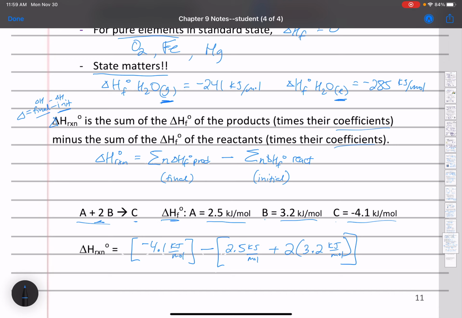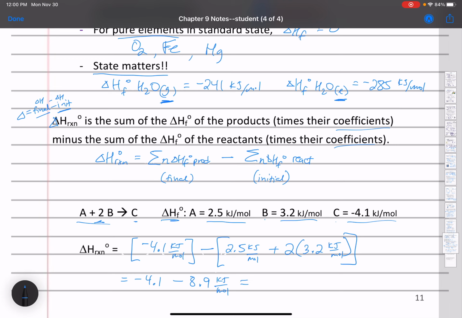All right, so we end up with, this is still negative 4.1 minus, and the sum of these two is 8.9 kilojoules per mole. So we get negative 4.1 minus 8.9.